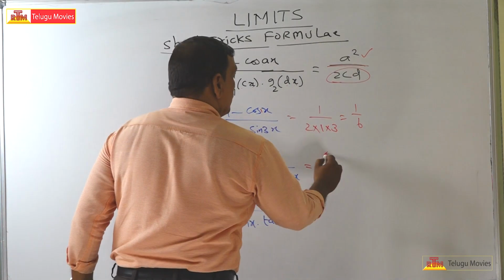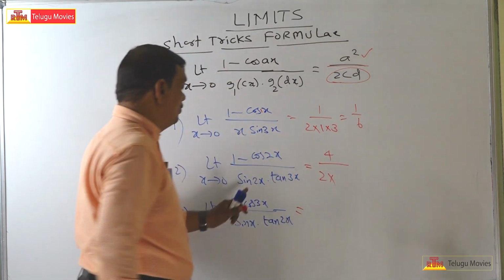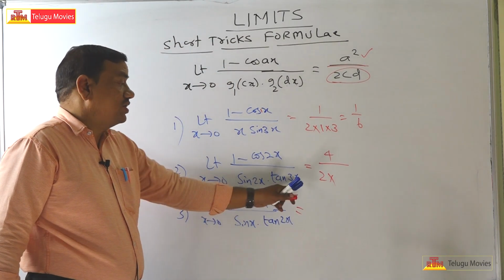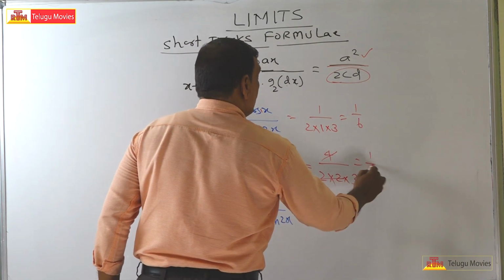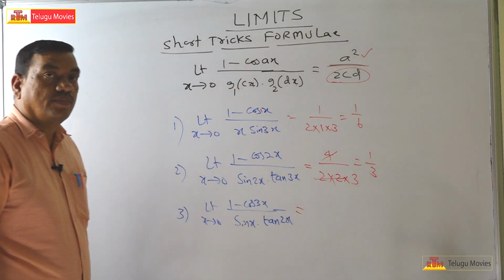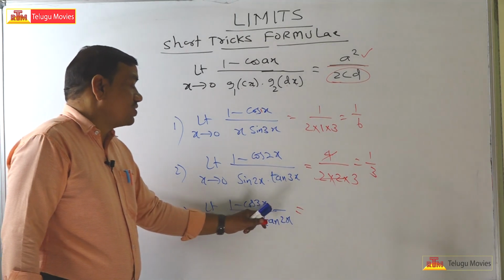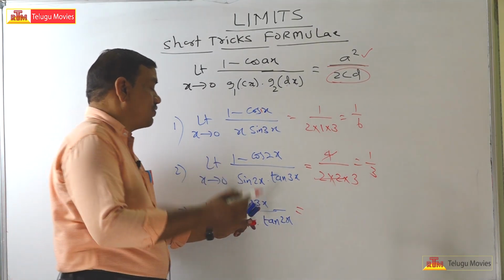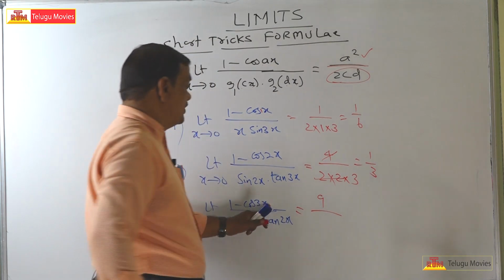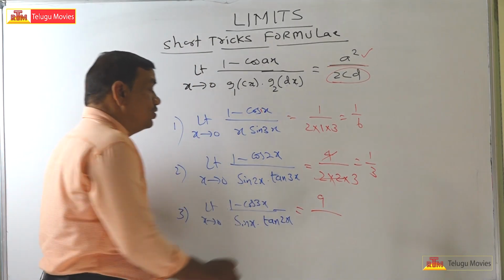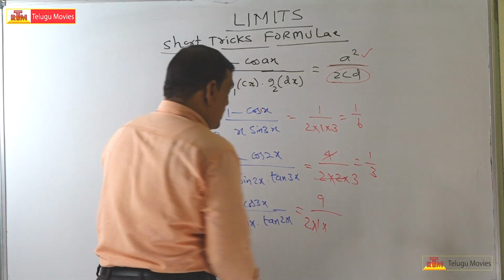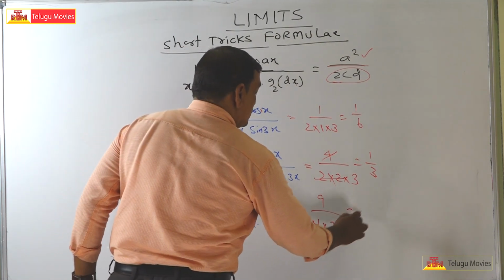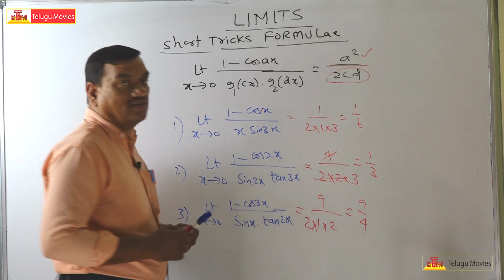That means 2 square, 4, upon 2 into 2 into 3. 4 cancels, 1 by 3 is your answer. Now 1 minus cos 3x. Here 3 square is 9, upon 2 into 1 into 2. That is equal to 9 by 4 is your answer.